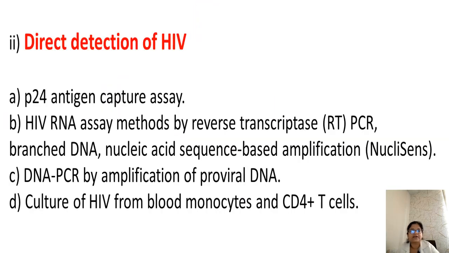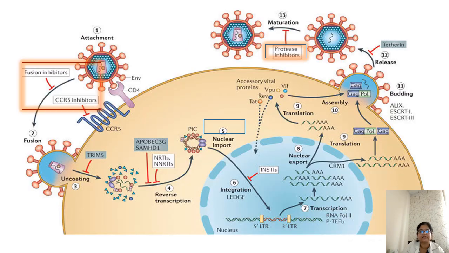And direct detection of HIV is through P24 antigen capture assay, HIV RNA assay methods like reverse transcriptase PCR, then nucleic acid sequence based amplification, and DNA PCR by amplification of proviral DNA, and culture of the HIV from the blood monocytes and CD4 plus T cells.